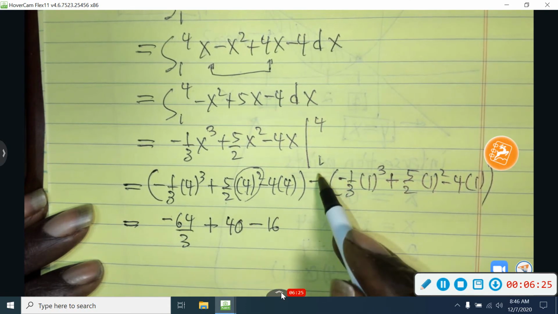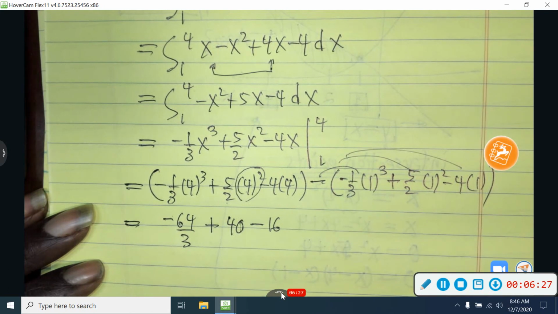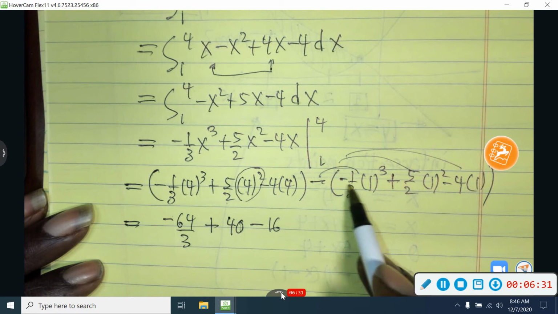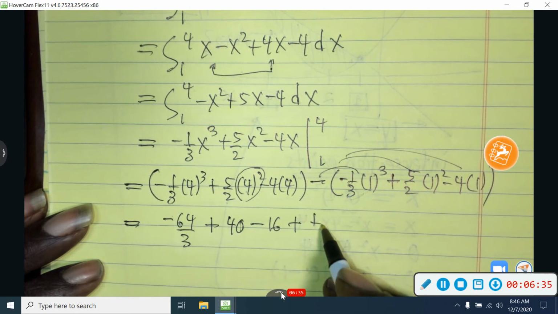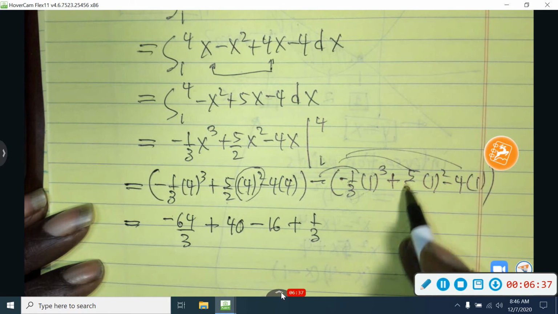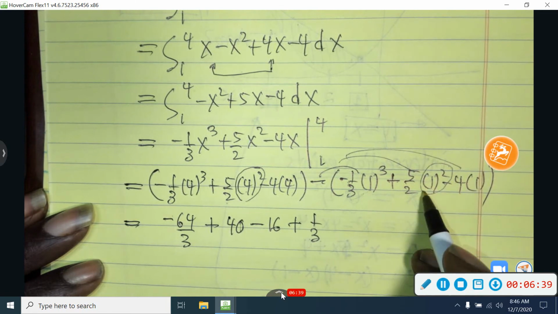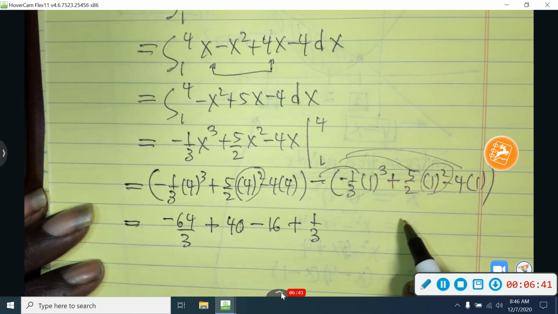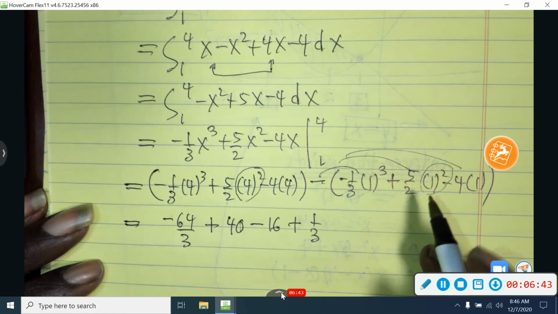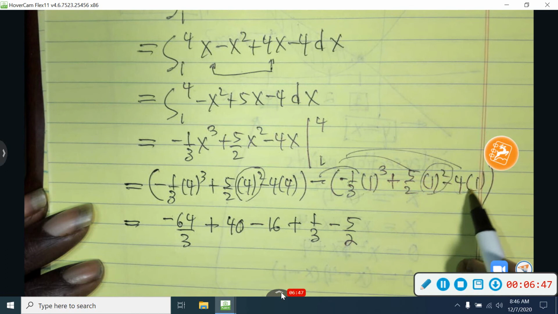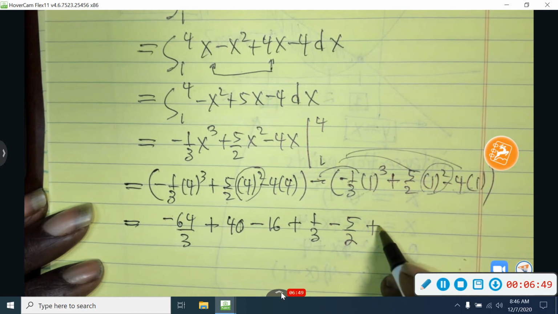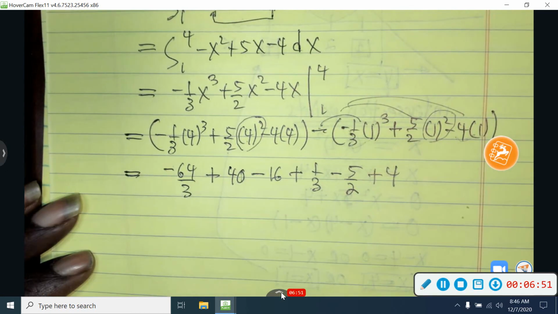Now I'm going to drag the minus through and clean the numbers up at the same time. 1 cubed is 1, so this is minus a third, but then the minus hits it and makes it plus a third. Here 1 squared is 1, and 5 halves times that is still 5 halves, then the minus hits it and makes it minus 5 halves. And here you get a minus 4, but then the minus hits it and makes a plus 4. So you end up there.